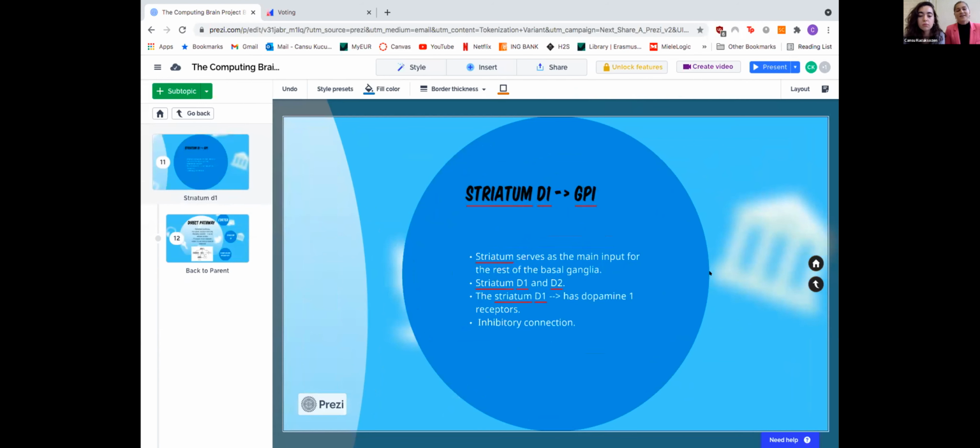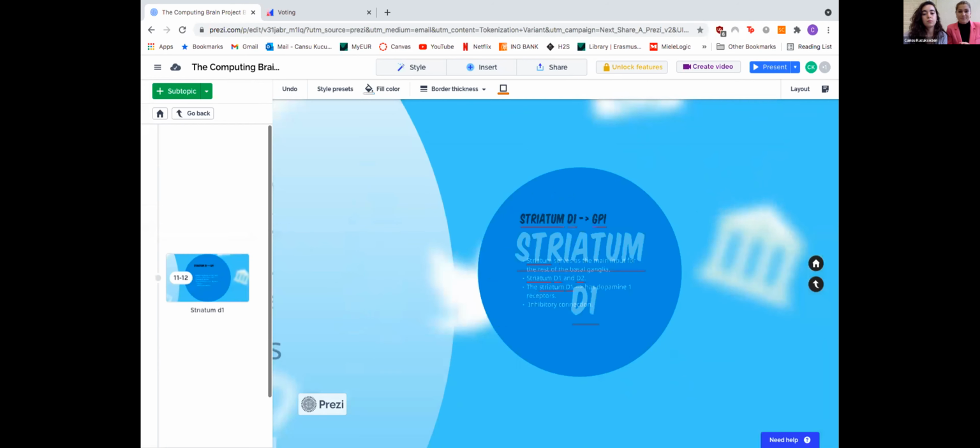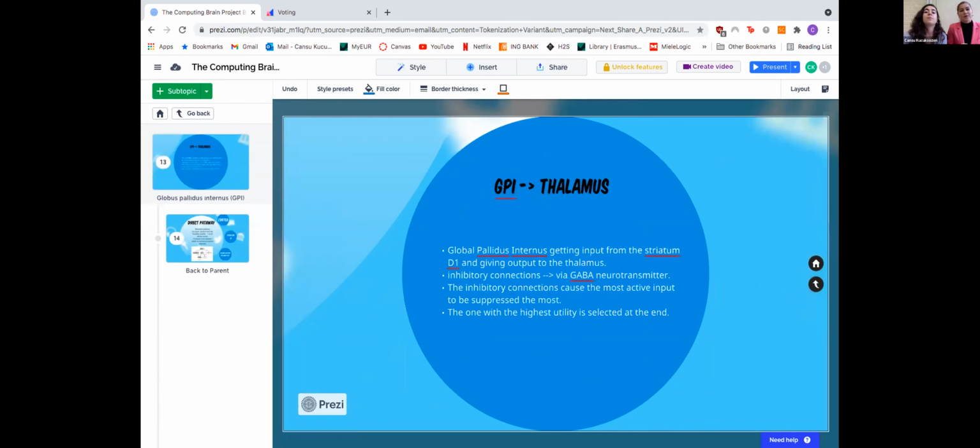Yeah, and the striatum D1 then sends inhibitory connections to the GPI, and the GPI is actually the thing that inhibits action. So when the GPI gets an inhibitory connection, it actually initiates action, because the thing that inhibits action is being inhibited.